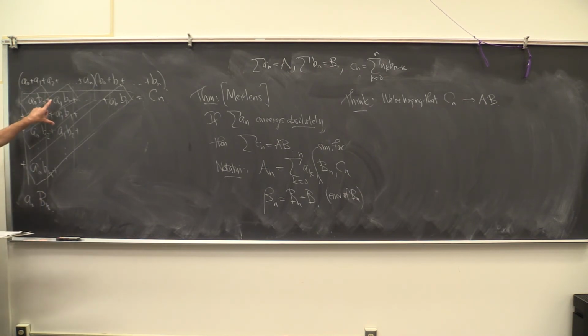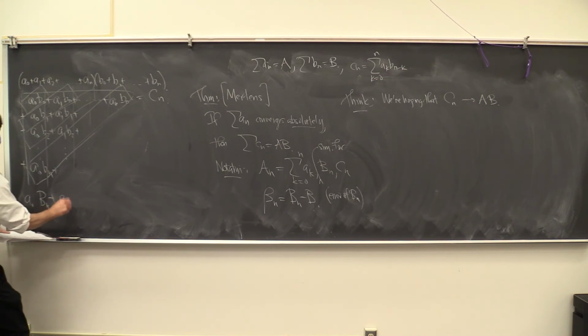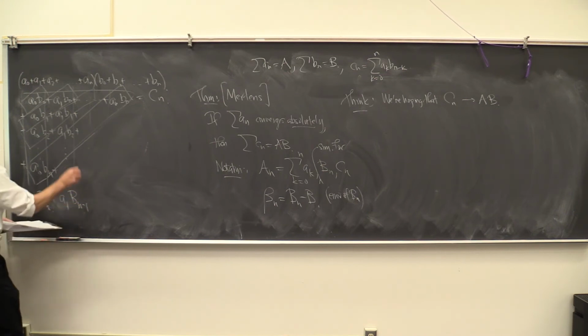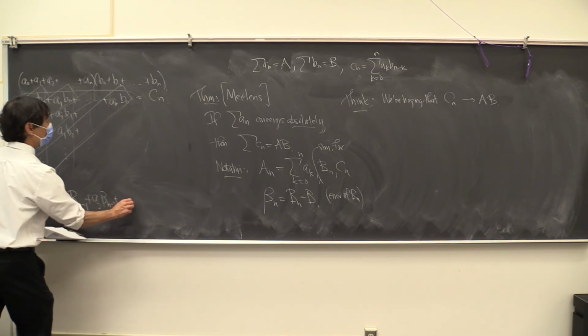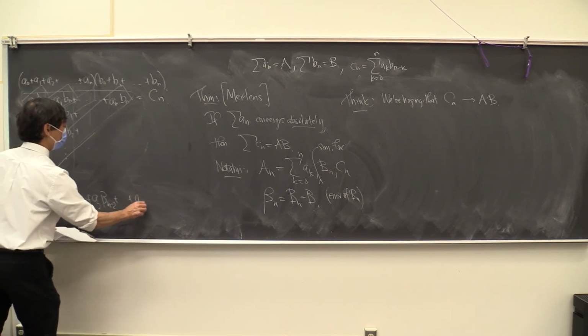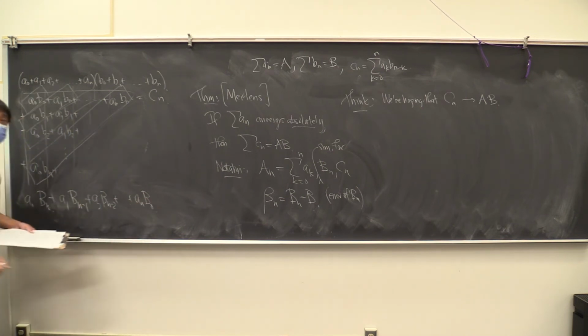This guy is A1 times the partial sum, not all the way to B n, but to B n minus 1. So you get A1 times the partial sum B n minus 1, A2 times the partial sum B n minus 2, up to A n times the partial sum B naught. So that's actually our C sub n.